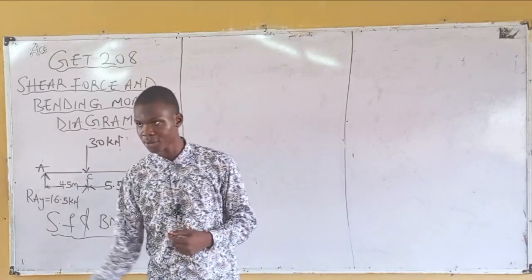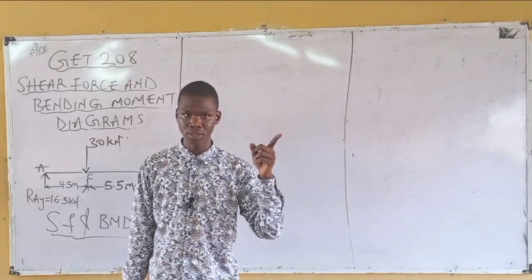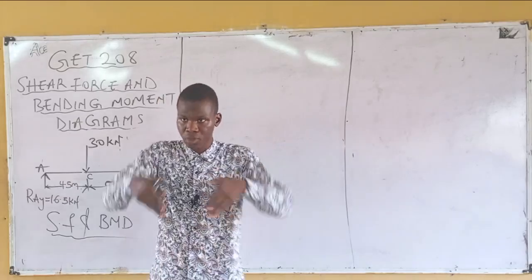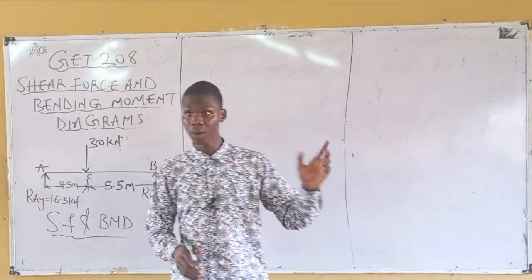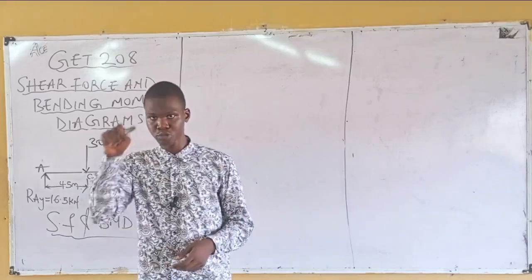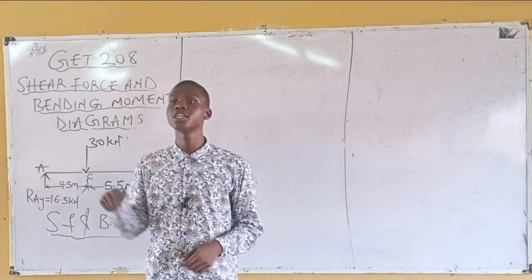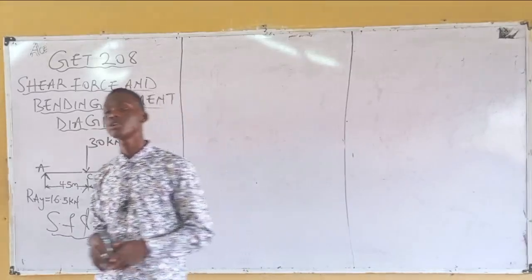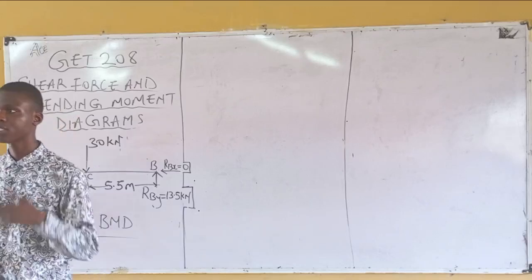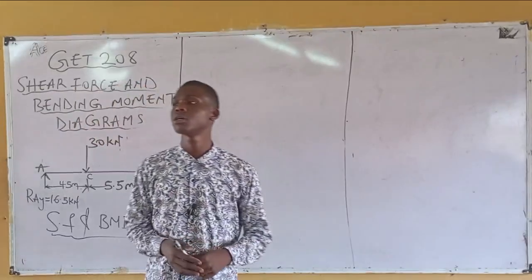Now, number 2 is the combination of your number 1 and the forces on that point. You've written number 1 down, right? Now, write number 2: your number 1 plus the force on that point will give you the second value of shear force.